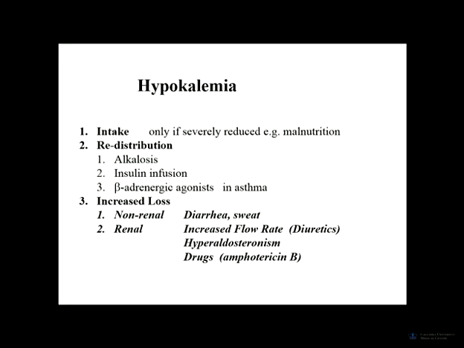Hyperaldosteronism, I'm going to talk about it in a second, and drugs. Amphotericin B is a drug that we use to treat fungal infection. You may have heard of it already. It's a molecule that combines with itself and makes a pore, and that's how it kills the fungi. It just punches holes in them.